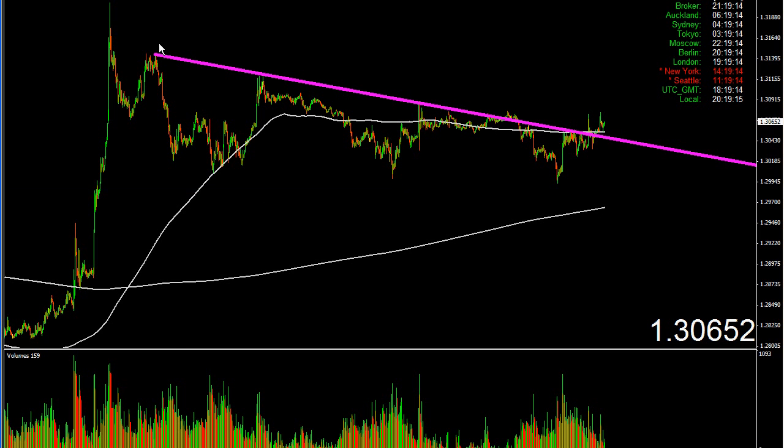And the interesting point is the following. Look at this, guys. Here the high throughout Thursday's Asia session and Thursday's New York session, and here the highs on Friday.